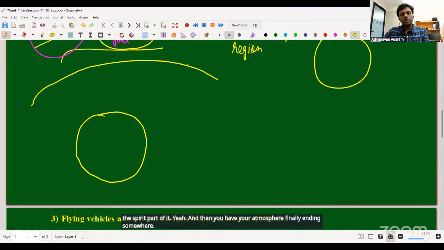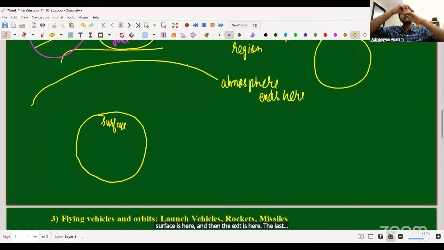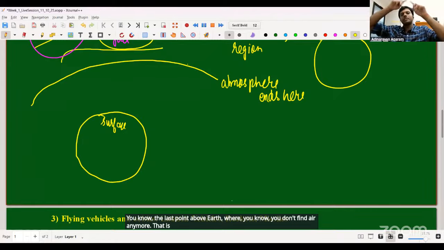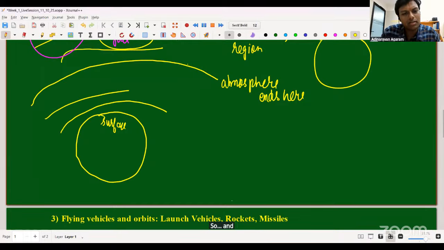Between the surface of the Earth and the exit, the last point above Earth where you don't find air anymore, is the end of the atmosphere. There are multiple regions between the surface and the end point, and these regions are classified based on the temperature and density in that region.